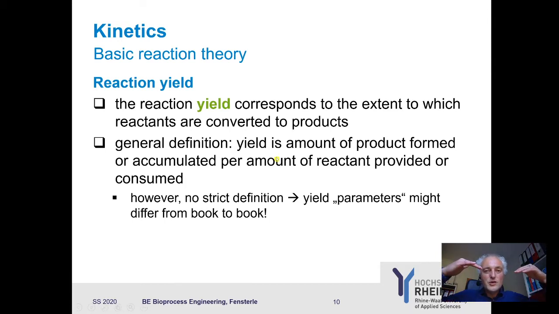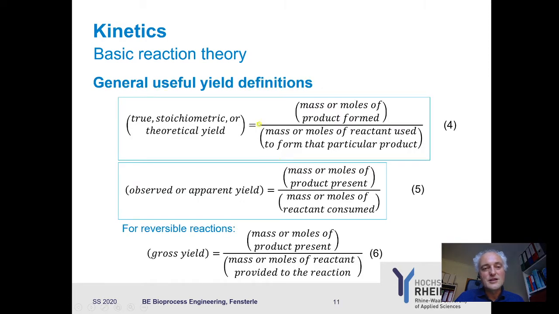Therefore, what we want to learn here is first of all the concepts of yield. So these are some yield definitions. You might hear other names for that, but just what it means. We have the true stoichiometric or theoretical yield. This is the mass or moles of the product formed divided by the mass or moles of the reactant used to form that particular product.